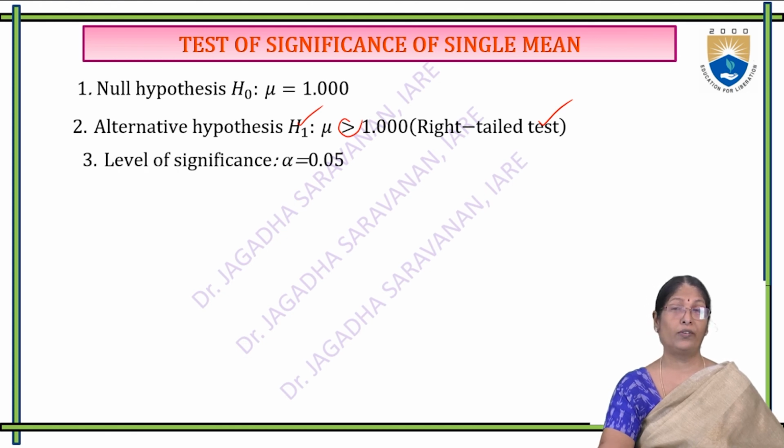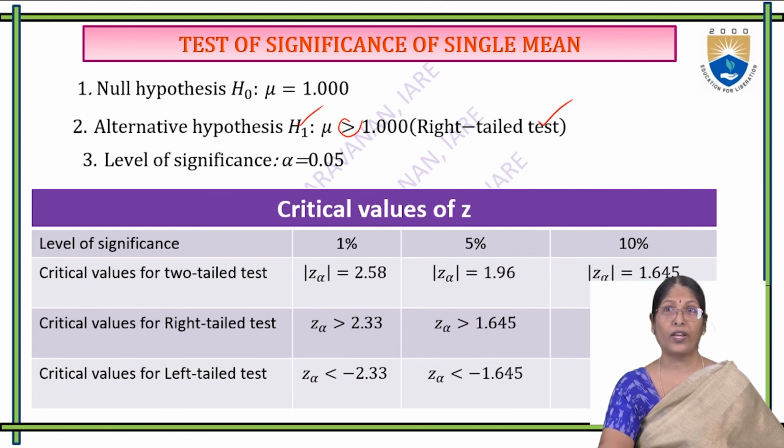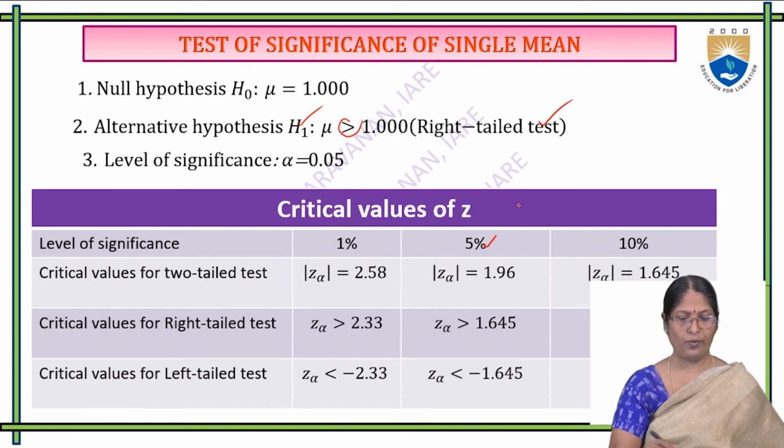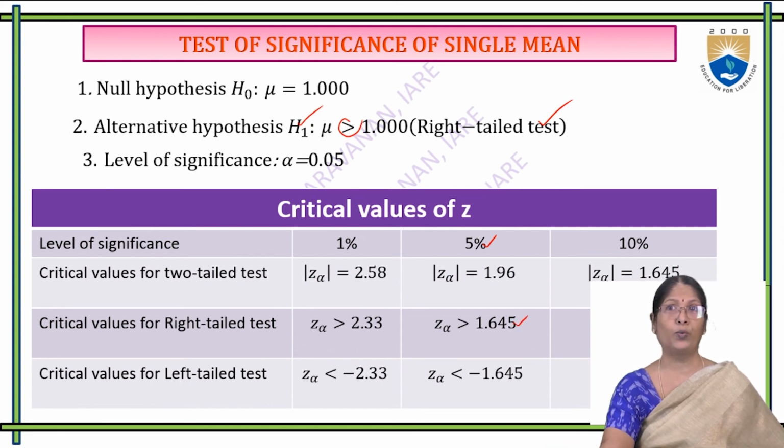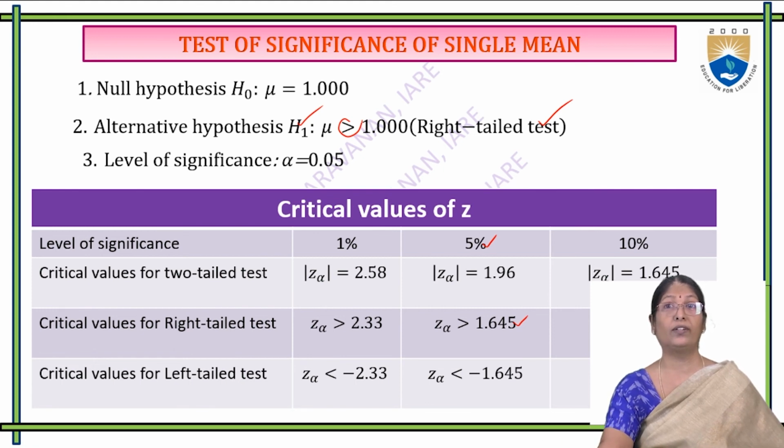So now the level of significance alpha equal to 0.05. Greater than means a right-tailed test. For 0.05 in the right-tailed test, 1.645 is the value selected from the critical values of Z. These are the tabulated values, the decision-making values, which decide whether the null hypothesis is to be accepted or rejected.